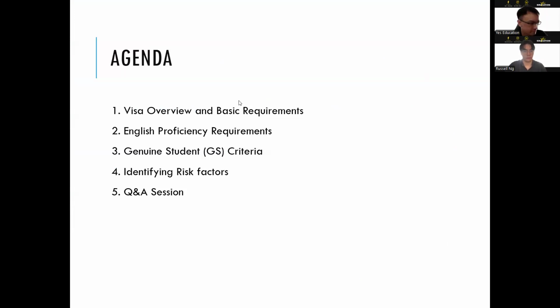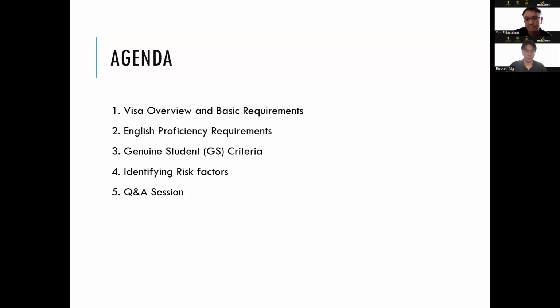The first one, we'll be talking about some basic visa overview and the basic requirements. The second one will cover the English proficiency requirement. We'll talk about it a little bit. And then we'll spend a lot of time on the major issue in all student visa applications, which is the genuine student criteria.